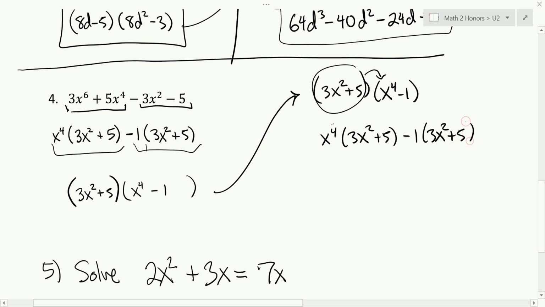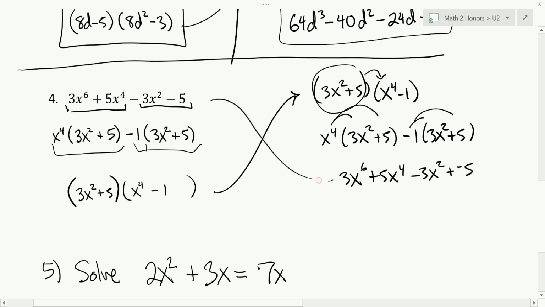Distribute again. And that should be a negative, not a plus. And it matches what we had there. So I did it right. I'm going to keep it.